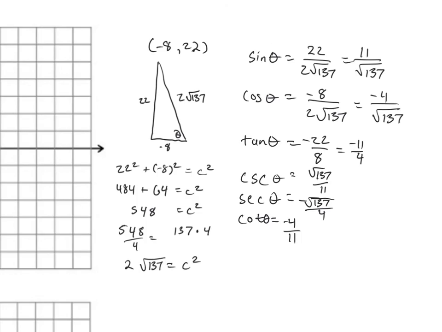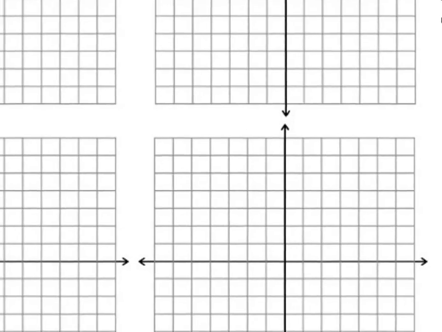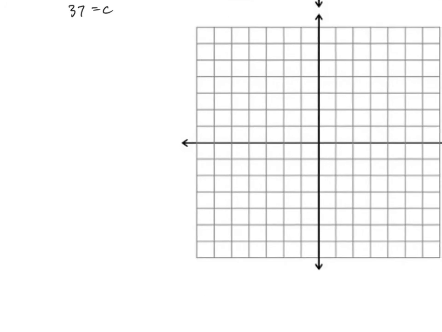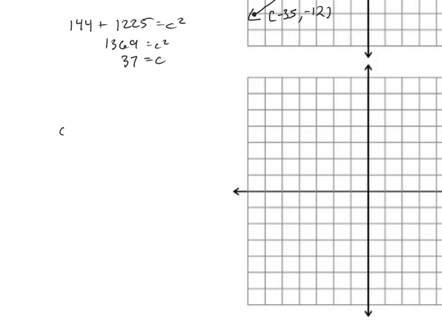Let's do some logic theory now. I've already brought up before, sine is your y value. Cosine is going to be your x value. So let's say sine is greater than 0, but cosine is less than 0.